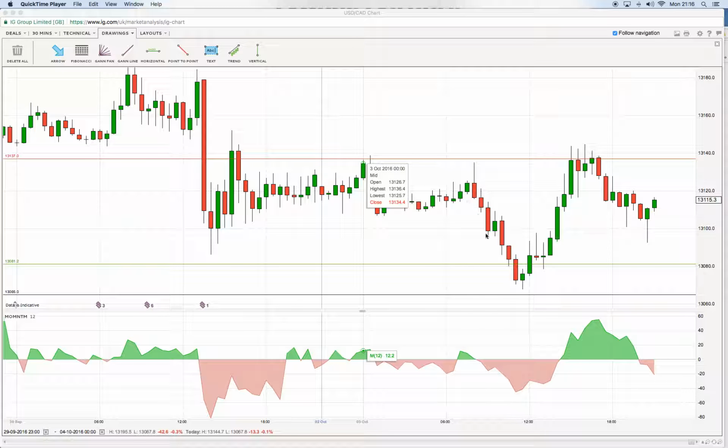What we're looking for now is a place where we have a so-called momentum divergence. When this happens, it's signaling that something is changing, and therefore, for the trader, it's a great psychological moment to start the move.